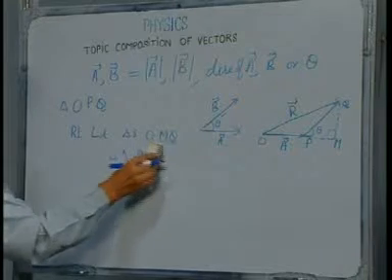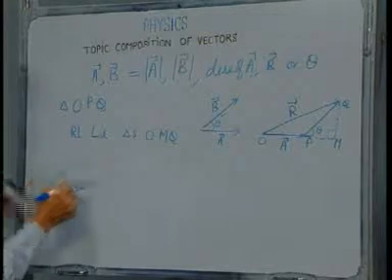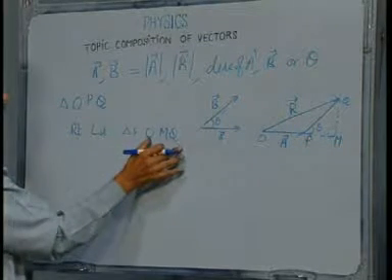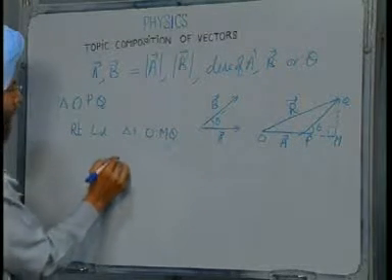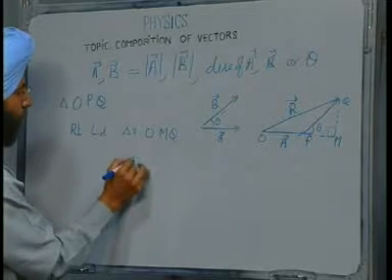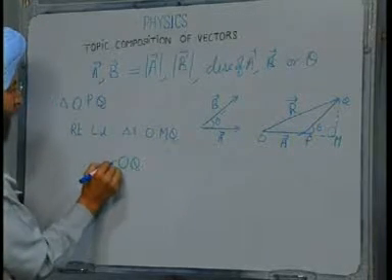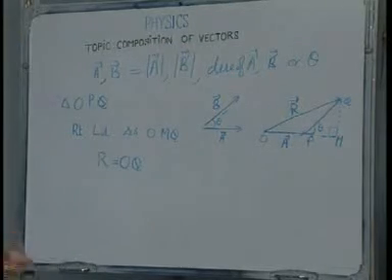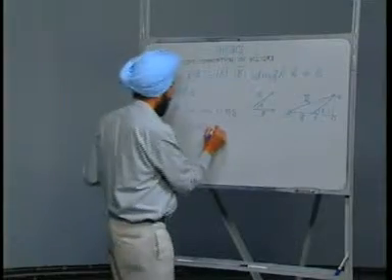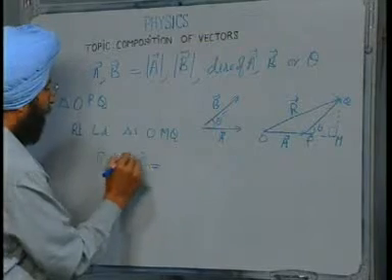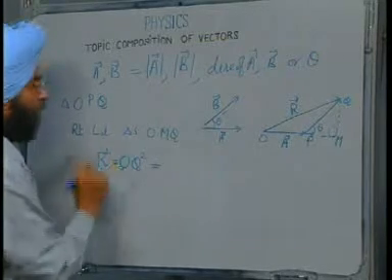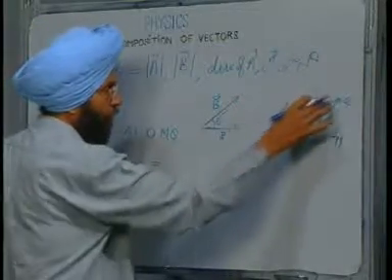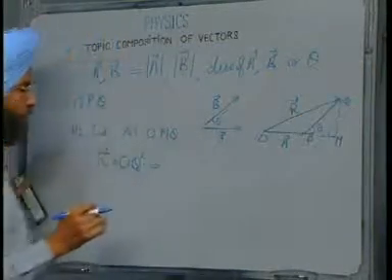Now, in the right angle triangle OMQ, the magnitude of OQ is the magnitude of R. So, R is equal to OQ, or we can say square of R is equal to square of OQ, and OQ is the hypotenuse in triangle OMQ.